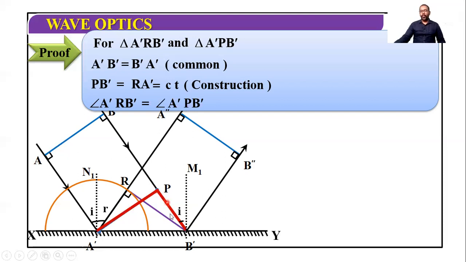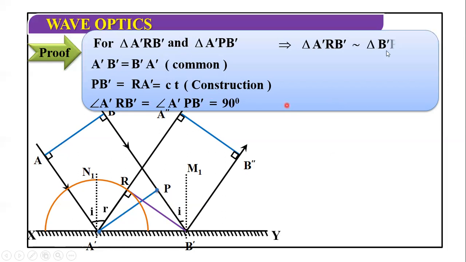Or we can say that the wave normal is perpendicular to the wavefront. So here we come to the conclusion that this triangle A dash R B dash is congruent to this triangle B dash P A dash.